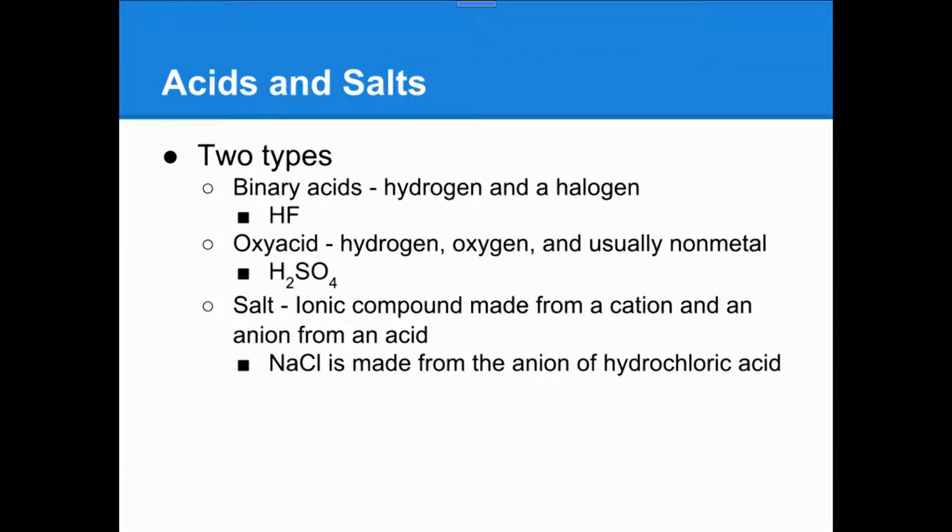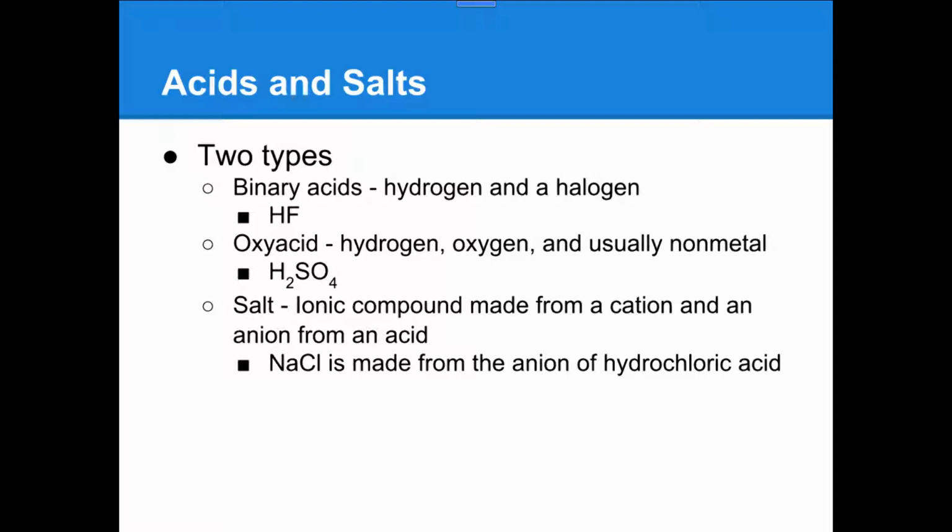The last little piece of the section 7.2 notes is about acids and salts. And there are 2 types of acids. There's what we call a binary acid, and this is when you combine a hydrogen and a halogen. Remember, halogens are group 7 on the periodic table.